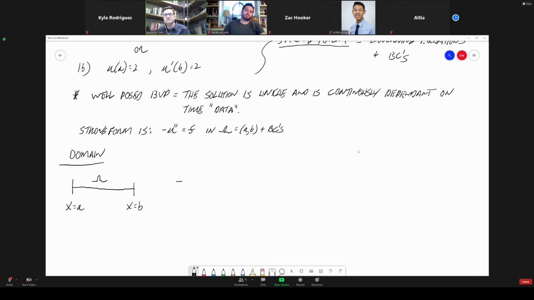This omega equal to a to b is the domain except the endpoints, and this a to b right here is called an open set.